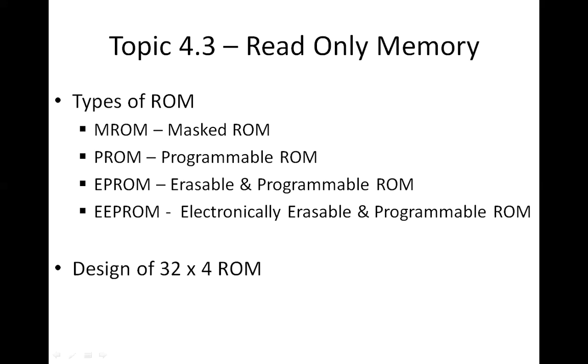An example of EEPROM is the USB pen drive. The USB drives we are using nowadays to store data are using different variants of EEPROM. This topic also includes the design of 32 by 4 ROM, that is the design of memory or architecture of the ROM that is used in a computer system.